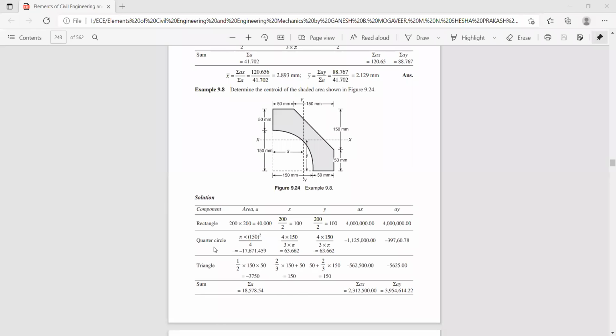So now you know the values of x1, x2, y1, y2, y3, x3, and also a1, a2, a3. And you need to take out this quarter circle and the triangle. So hence x bar will be a1 x1 minus a2 x2 minus a3 x3 divided by a1 minus a2 minus a3. So similarly y bar is a1 y1 minus a2 y2 minus a3 y3 divided by a1 minus a2 minus a3.